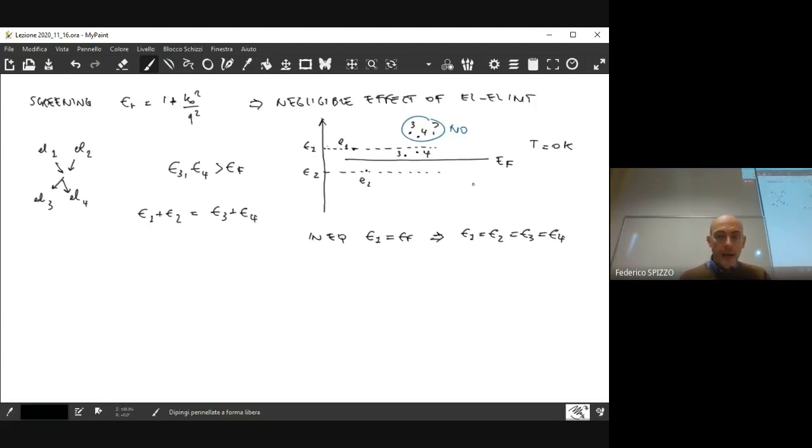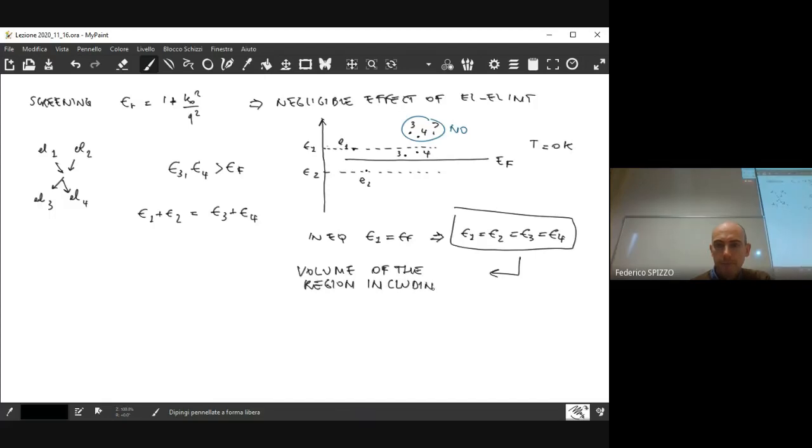But if all four electrons have to stay at the Fermi surface, then if this condition has to be fulfilled, the volume of the region including initial and final states is 0, because the volume of a surface in a 3-dimensional space is 0.